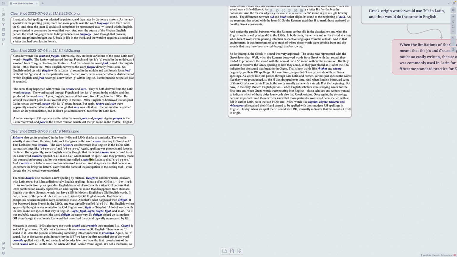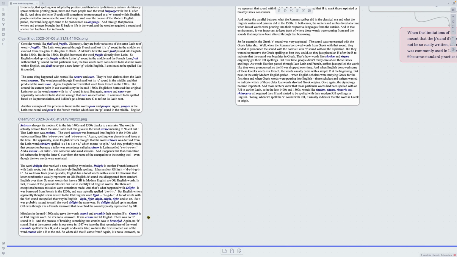But despite that, the spelling stuck. Same with delight. It's a French loan word, but they assumed it was Old English or something like that because of the pronunciation. And same with crumb. They added a B, even though there was no reason to add a B, because it resembled another word that ended with a B.